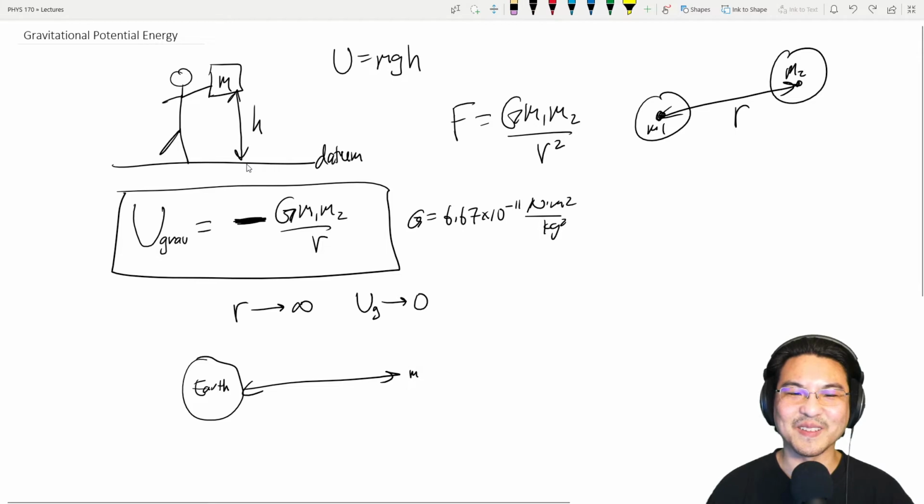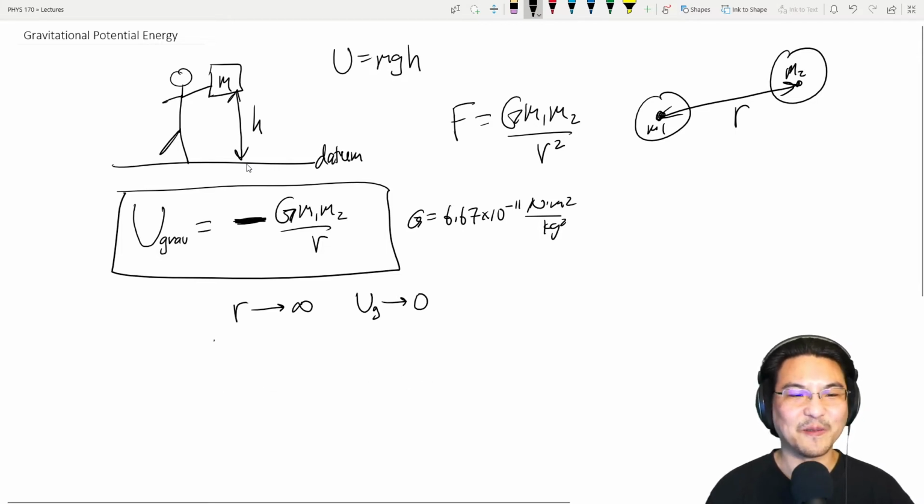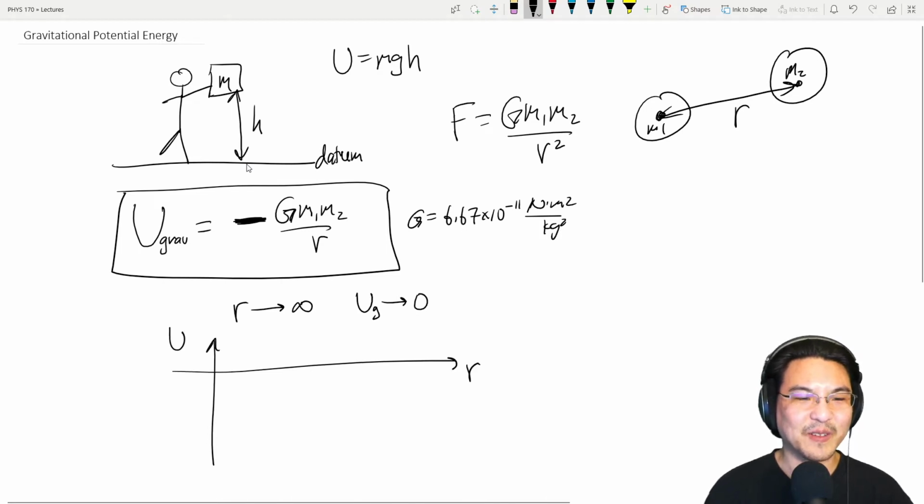That is starting to sound confusing, which I think is less confusing if you just graph it. Like here's gravitational potential energy as a function of r. So let's say when you are at the surface of the Earth, so if r is 6,380 kilometers, then you plug in the number here and you're going to get a negative number right over here.